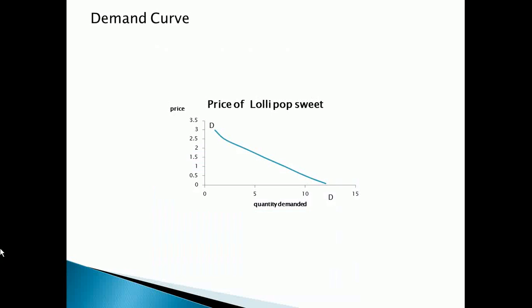Now, there are two types of changes or shifts we have in demand. One is change in demand. Change in demand is the entire movement of the demand curve, either to the left, which is a decrease or an inward shift, or to the right, which is an increase or an outward shift. There are various factors that can change demand entirely from its original position.